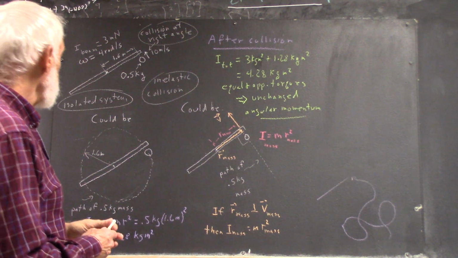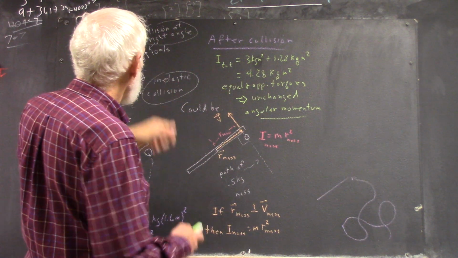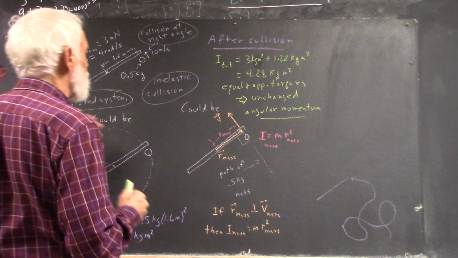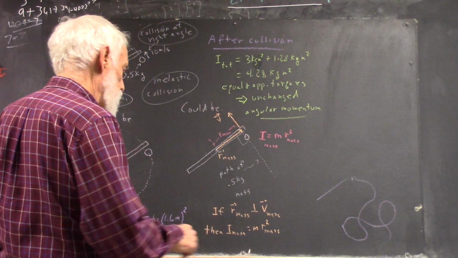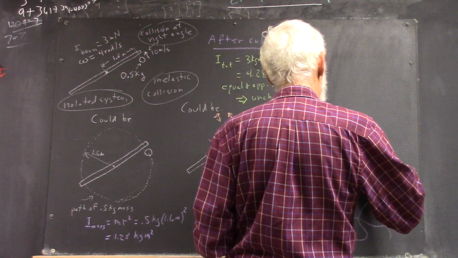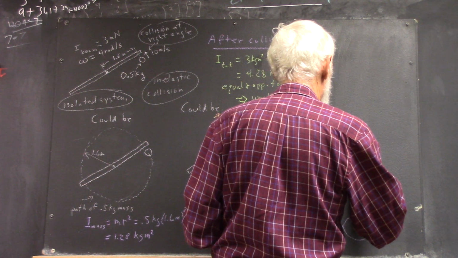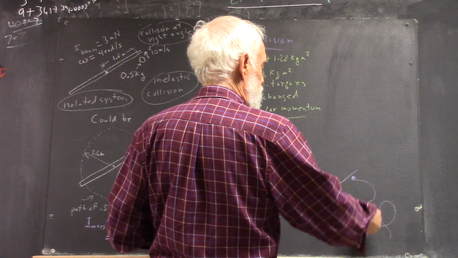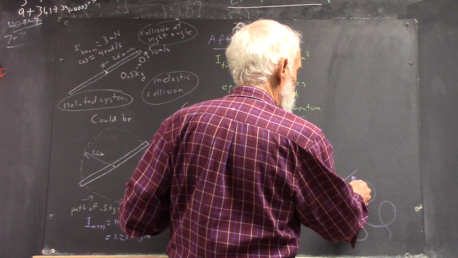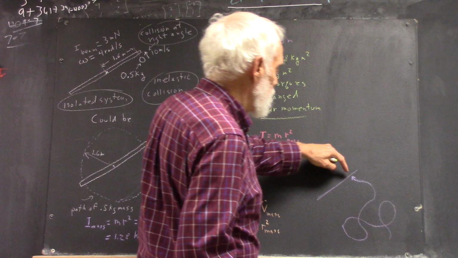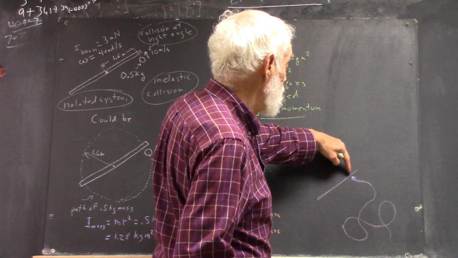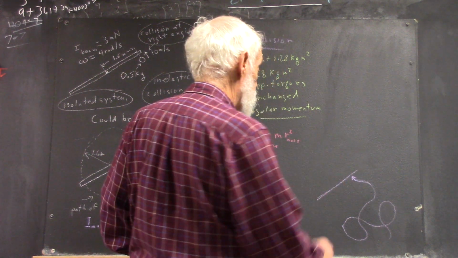Now, in specifying that the collision takes place at a right angle, I haven't specified what path the mass took, okay? The mass could well have taken any path, this path, as long as the direction has become perpendicular by the instant of collision.